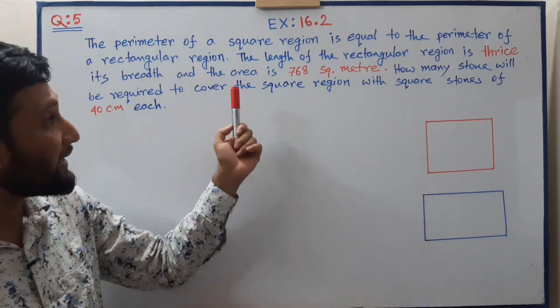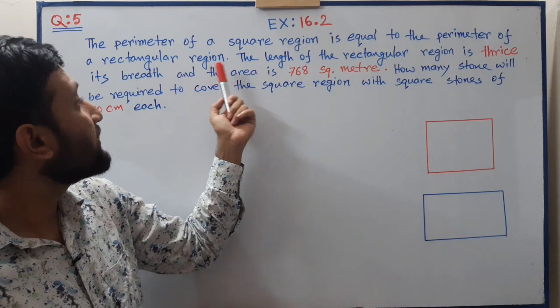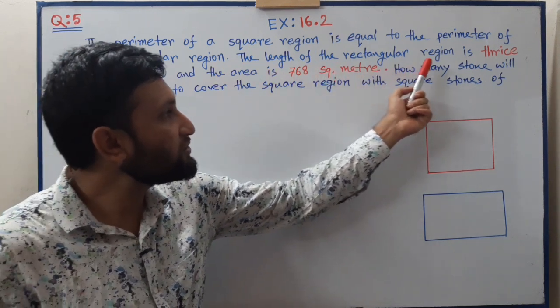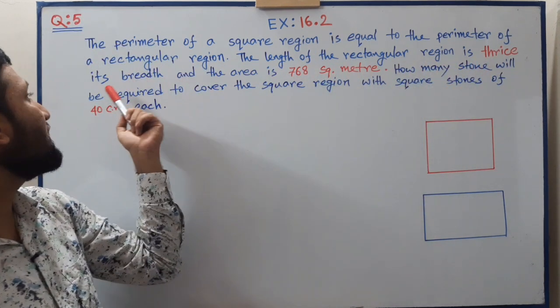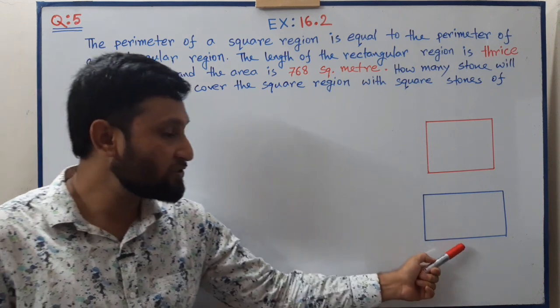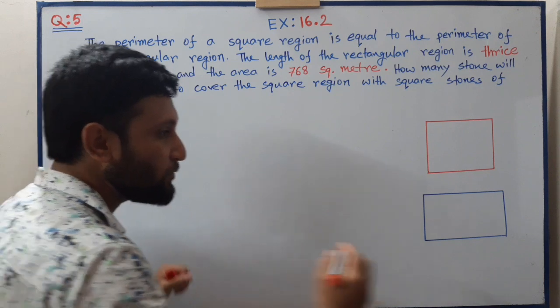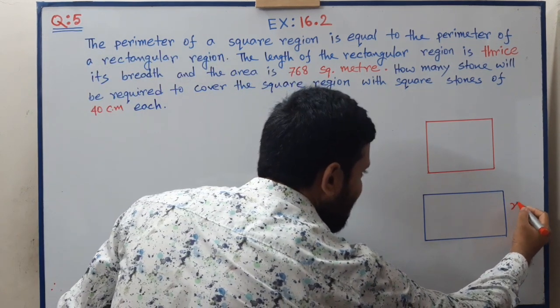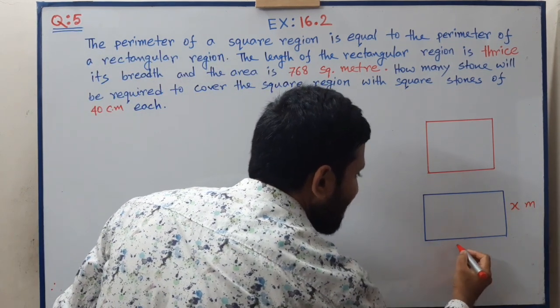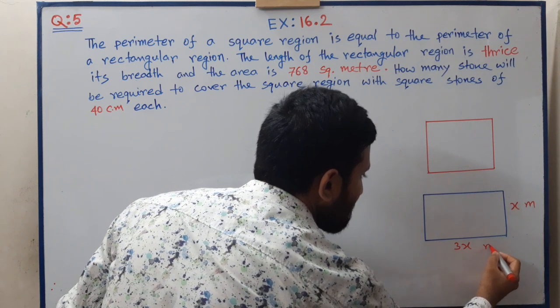And then the second portion: the length of the rectangular region is thrice its breadth. So suppose its breadth is x meter, so we can say the length is 3x meter.